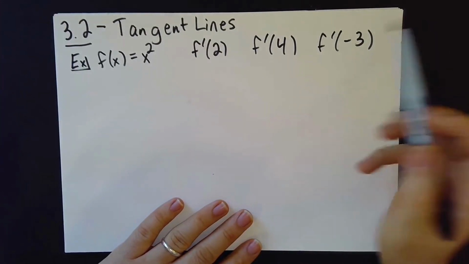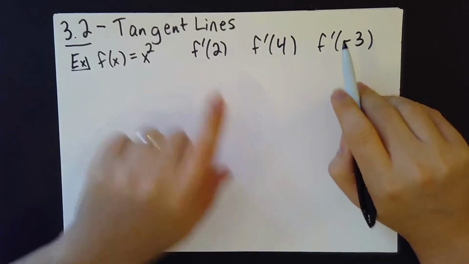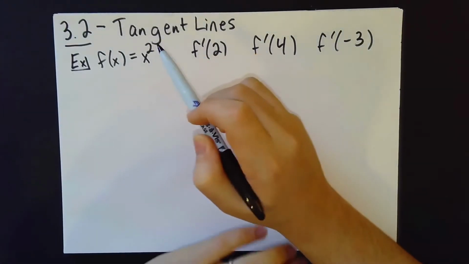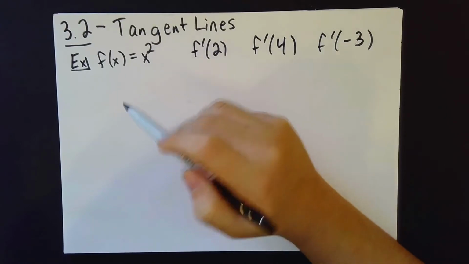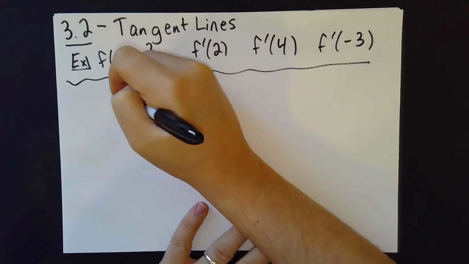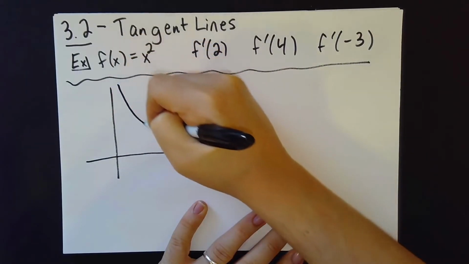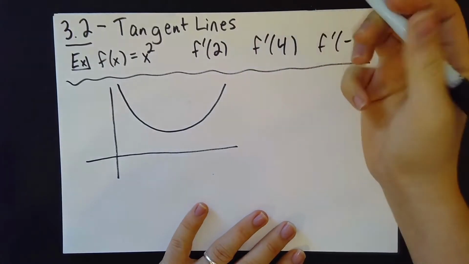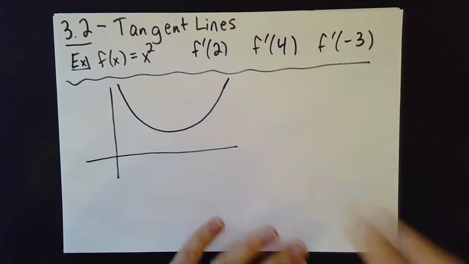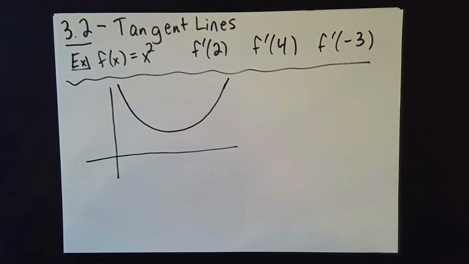In this section, we're going to talk about one way of interpreting these, which is to connect them to this idea of a tangent line, which we've talked about a little bit before. So, if I take some graph like this, at every point on this graph, there's what we'd call a tangent line.